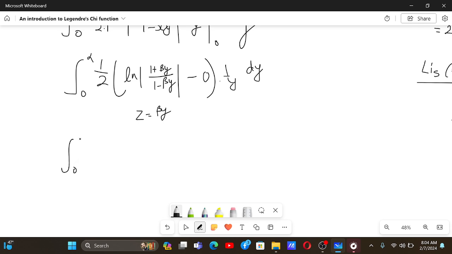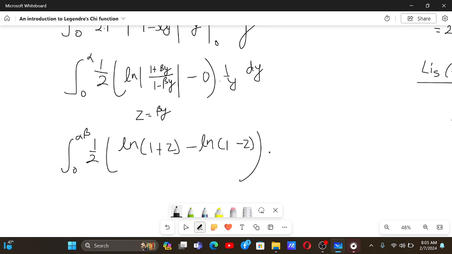So we have the integral going from 0 to alpha beta of 1 by 2, ln of 1 plus z minus ln of 1 minus z, and then y will be z by beta, and dy will be dz by beta.